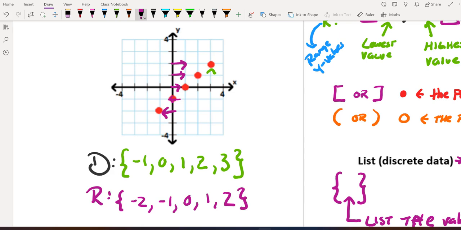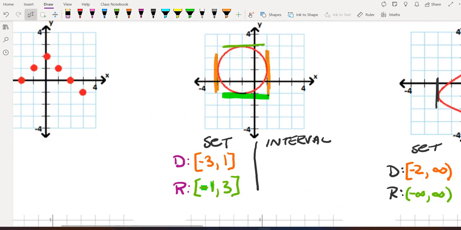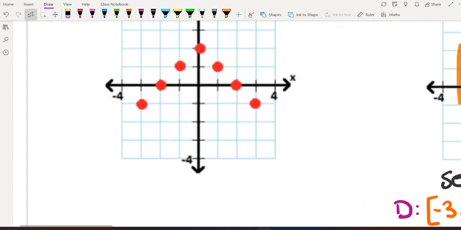Okay? So one more discrete data graph that's over here. It's pretty straightforward. I'll quickly list the domain. So doing the domain from left to right, this one's -3. Next one over, we're at -2. Next one over, we're at -1.